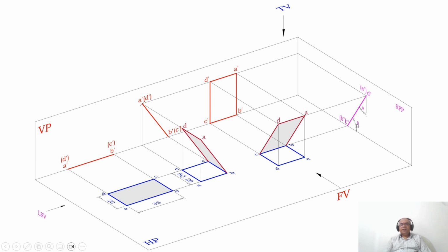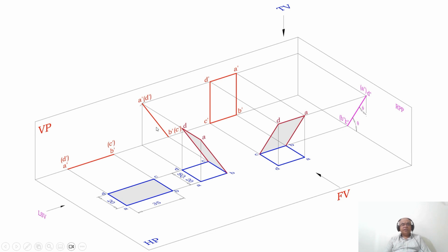So the surface is inclined to HP here, which is theta, and the surface is inclined to VP here, which is phi. So this is how you are able to get the position of the surface in the profile plane. When the surface is inclined to both HP and VP, obviously that surface has to be perpendicular to the profile plane, where I can see the inclination with respect to HP and also with respect to VP together.